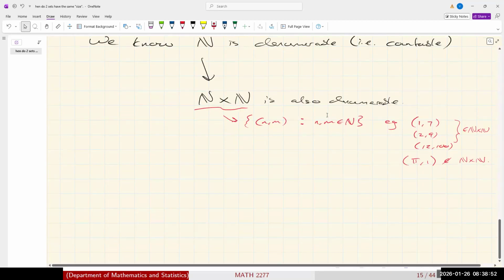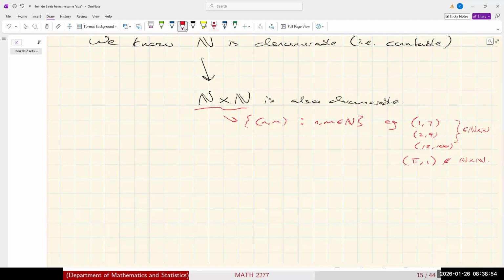So what is the strategy here? The strategy in this one is we're going to construct an injective function.